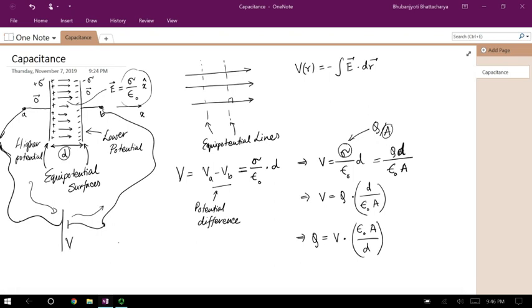And how is it going to create the potential difference across these 2 points of the capacitor? It's going to do that by depositing a certain amount of positive charge on the positive plate and the same amount of negative charge on the negative plate.